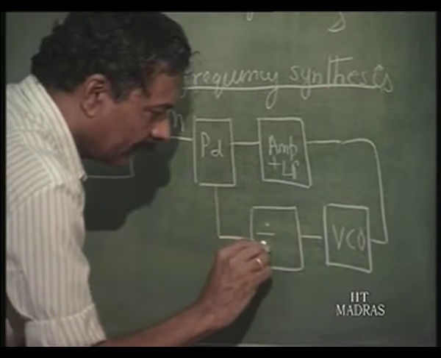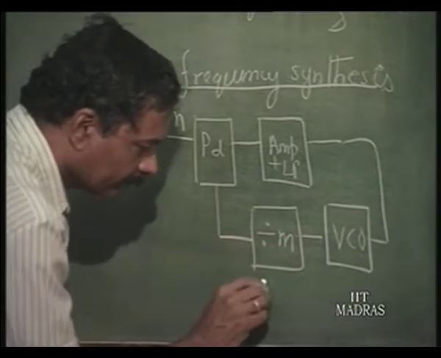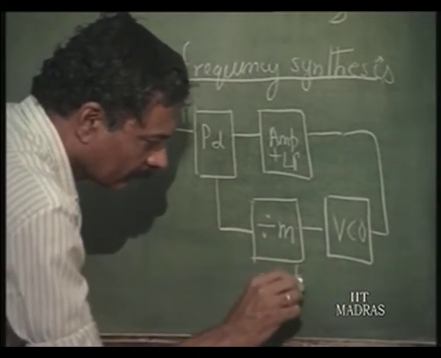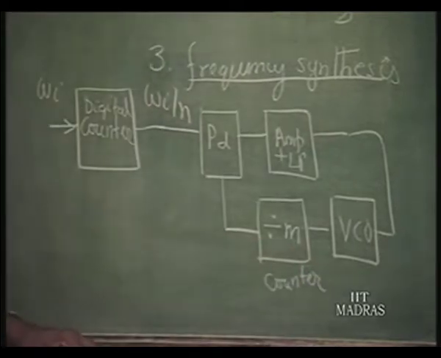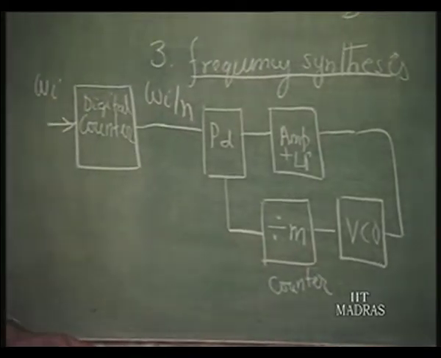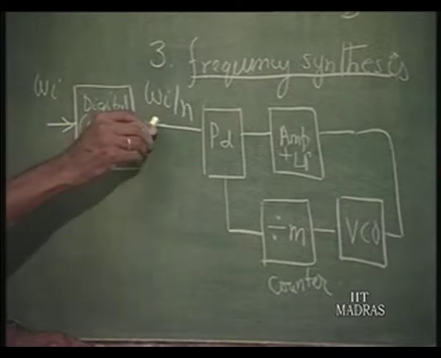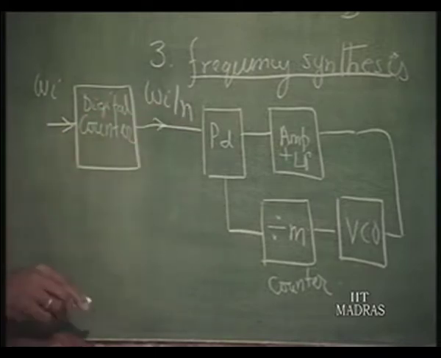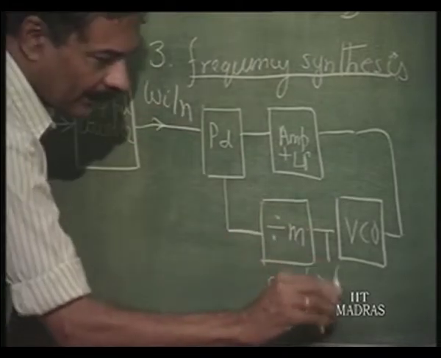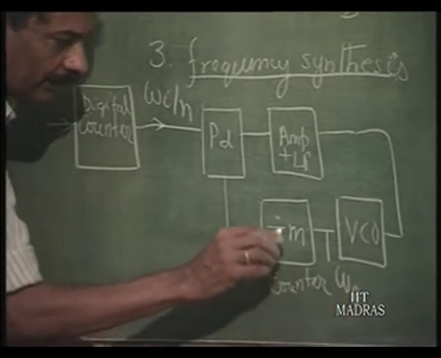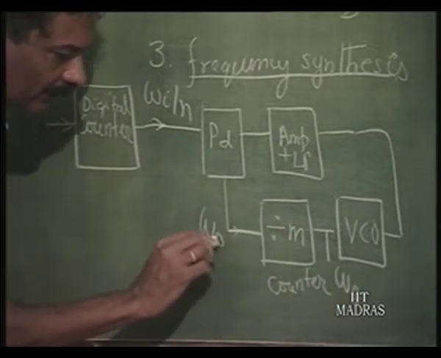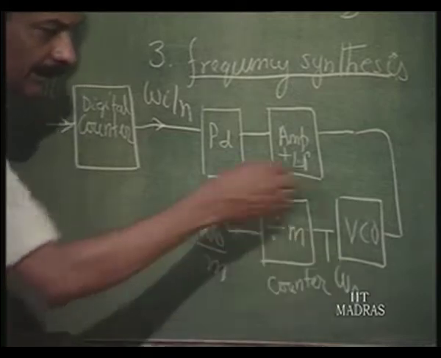This is going to be dividing by m. Now, let us see what happens. If this is omega I, this is going to be omega I by n. If this is omega naught, this is going to be omega naught by m. This is equal to another VCO.